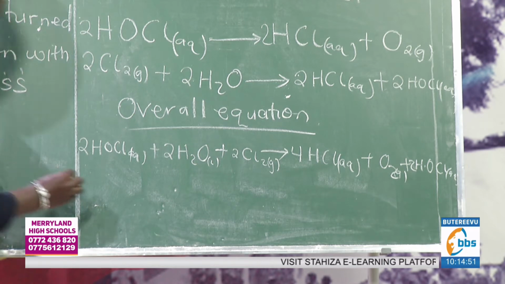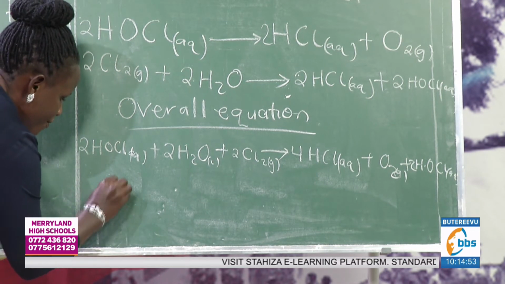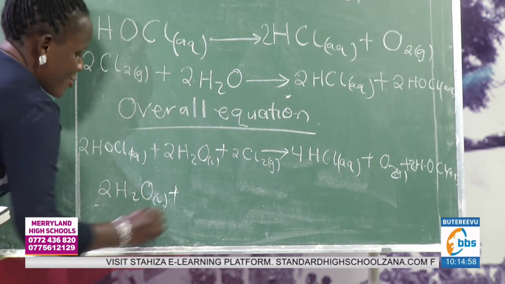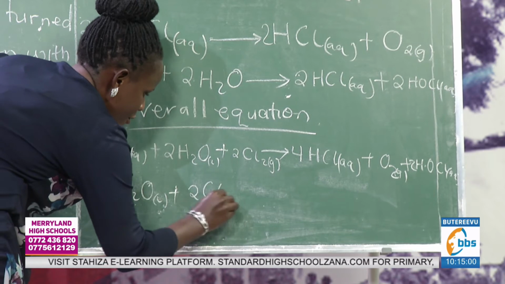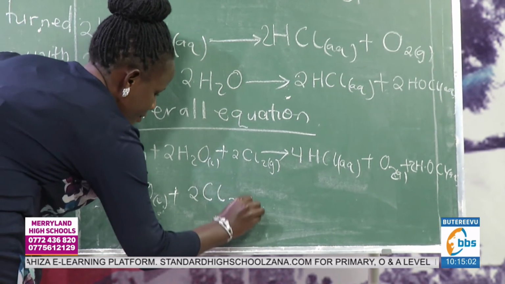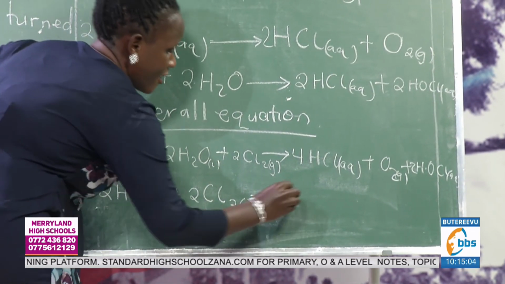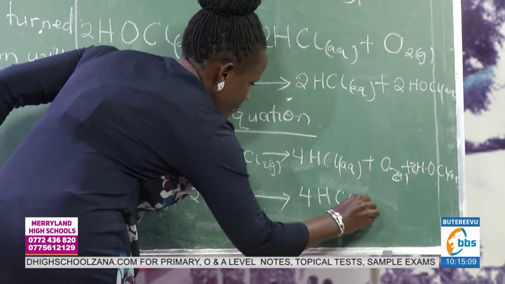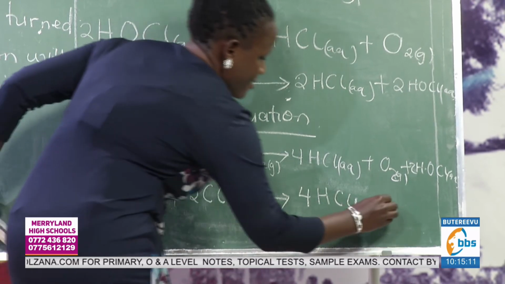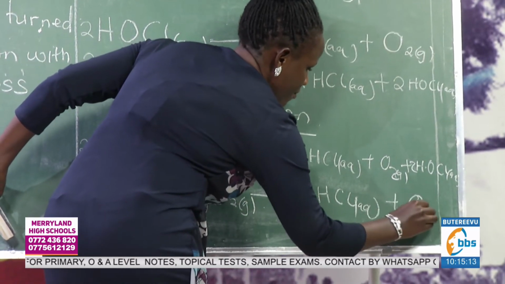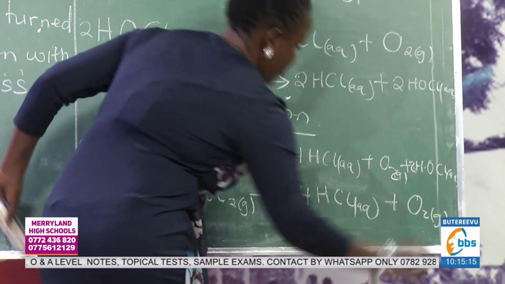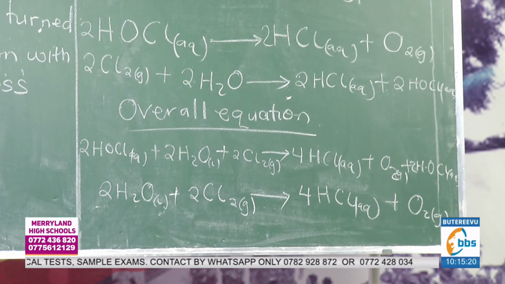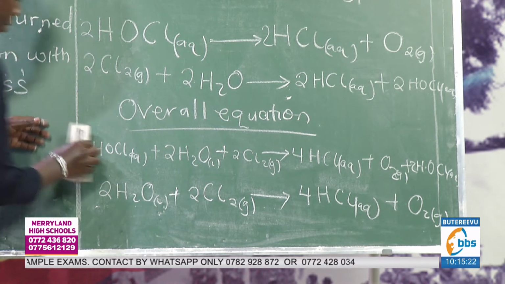And therefore, we shall have 2 moles of water plus 2 moles of chlorine, giving us 4 HCl plus oxygen. I've written all this because I wanted to show you how I come up with the overall. This is our overall.